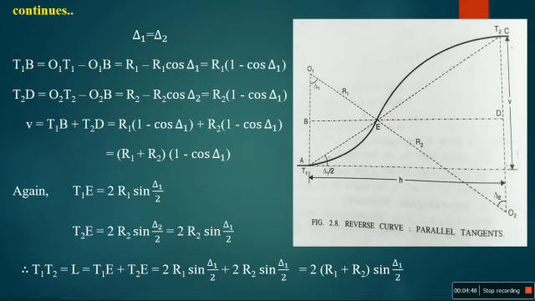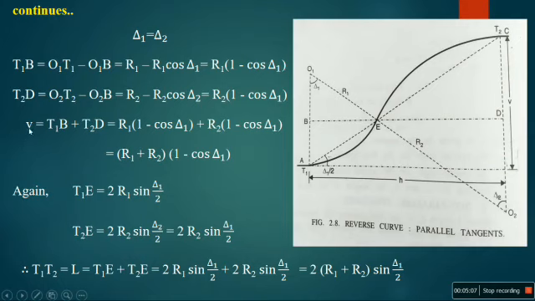Taking R2 as a common term, and since delta 2 is equal to delta 1, our T2D distance will be R2 into bracket of 1 minus cos delta 1.